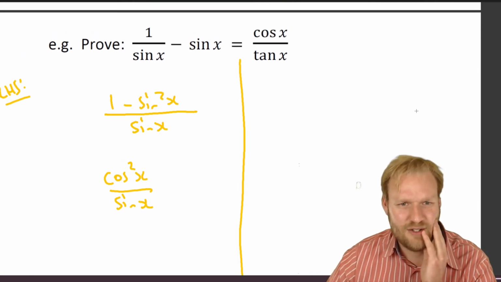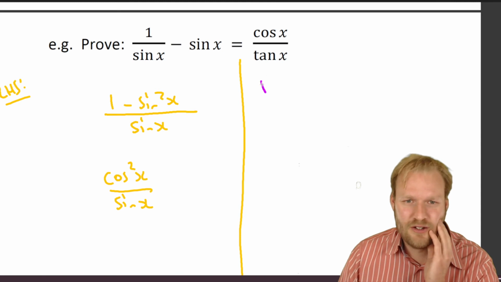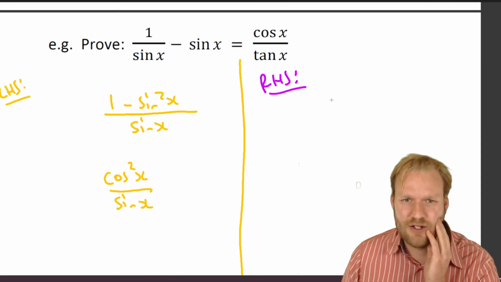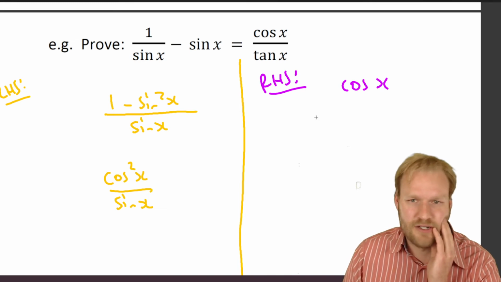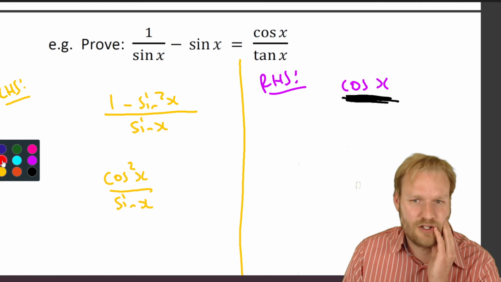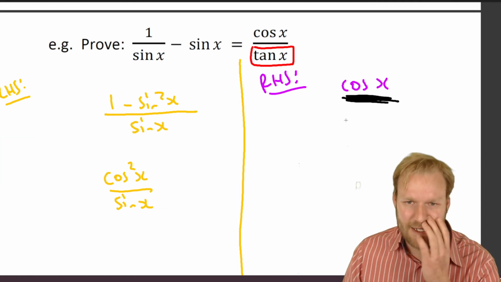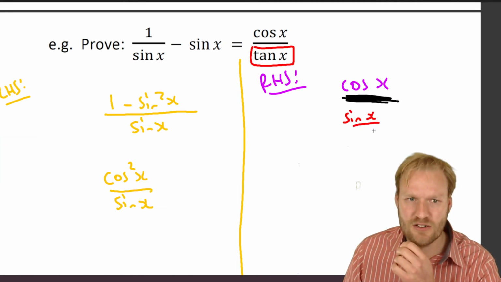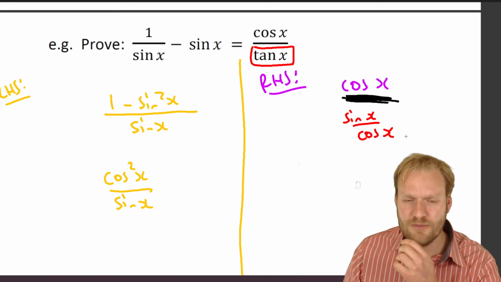But the right-hand side also jumps out at me. We've got cos x over tan x, and we write tan x as sine x over cos x.